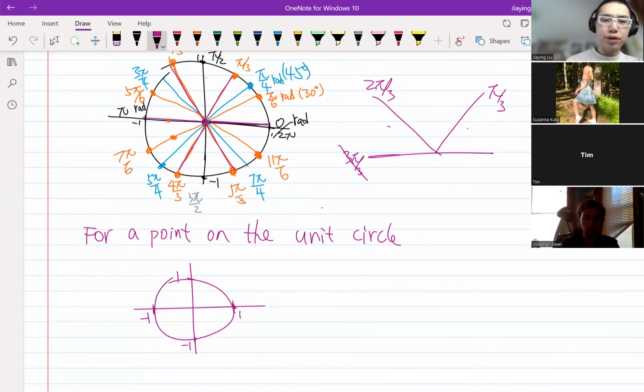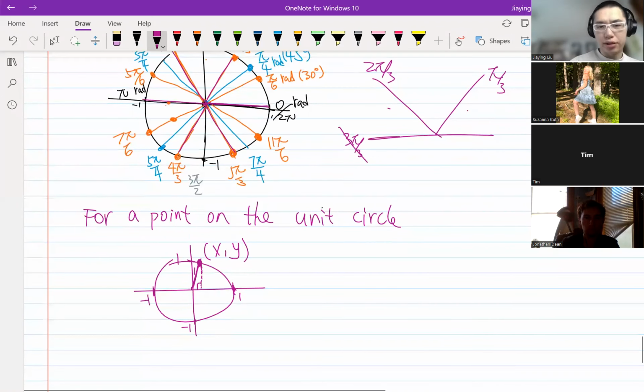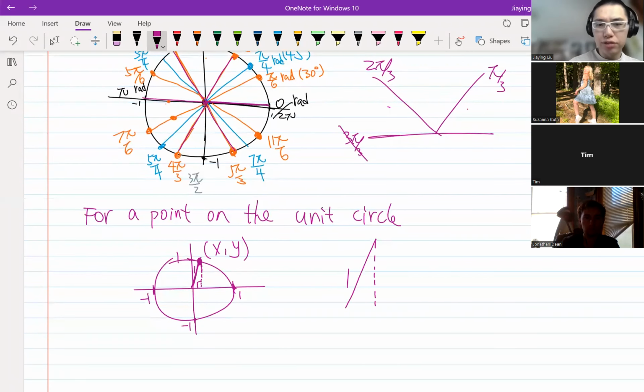Just say we pick a point, let's say it's right here. So this point has coordinates x, y. And if I draw the radius, which is 1 here, and create a right triangle by using that point and the x-axis, I get this small right triangle. I'm going to recreate it on the side. So that's a radius of 1, and this is the origin.